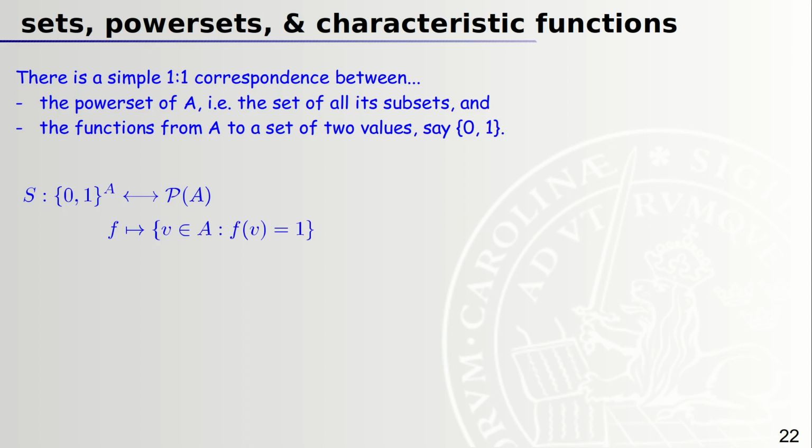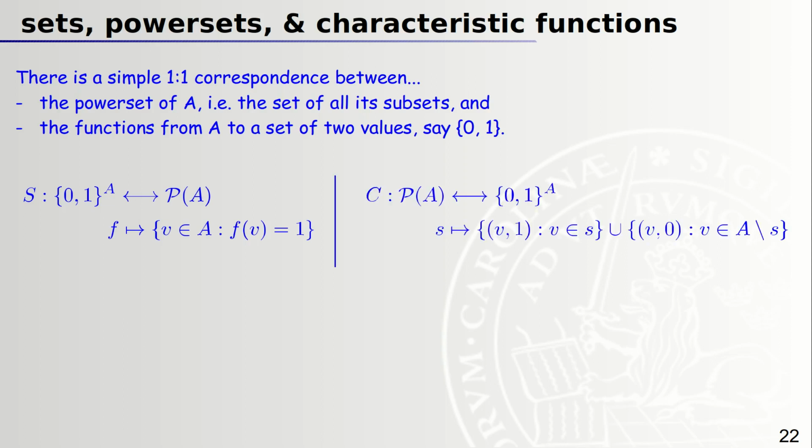Given an infinite sequence of zeros and ones, you can construct a set of natural numbers by including exactly those numbers whose position in the sequence contained a 1. Conversely, given a set of natural numbers, you can construct a sequence by making those positions 1 whose indices are in the set and all others 0.